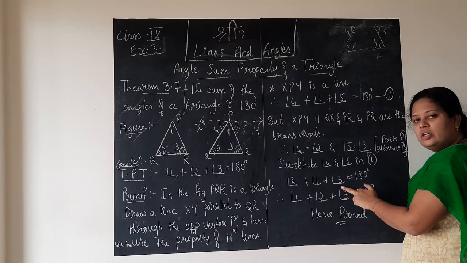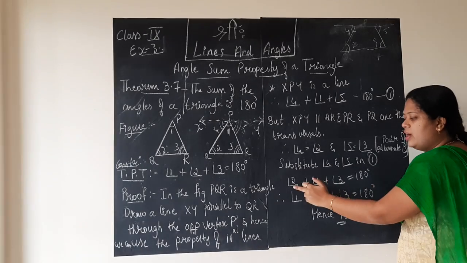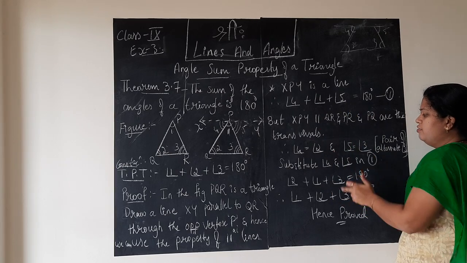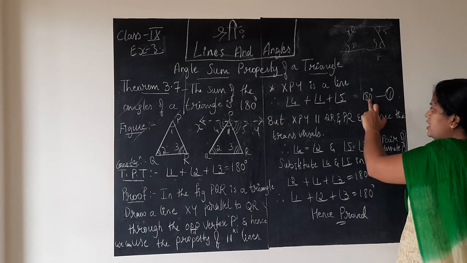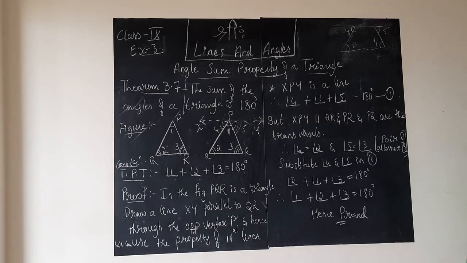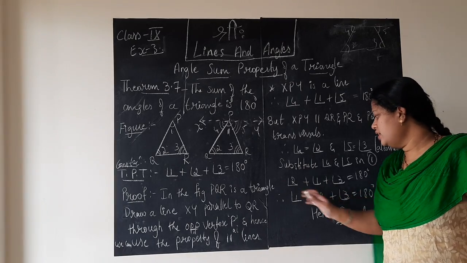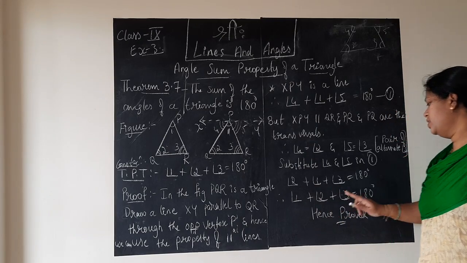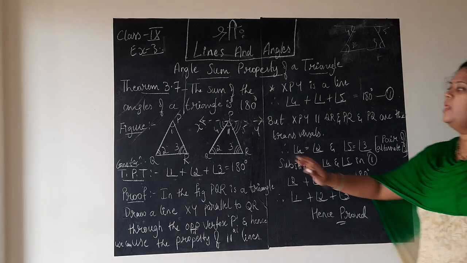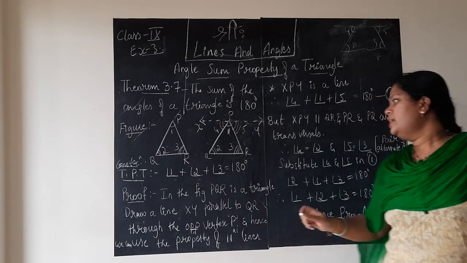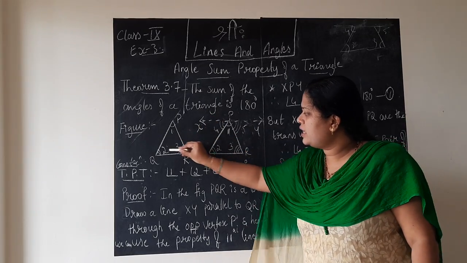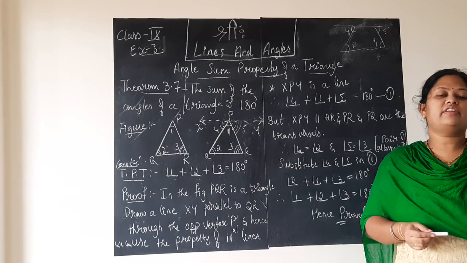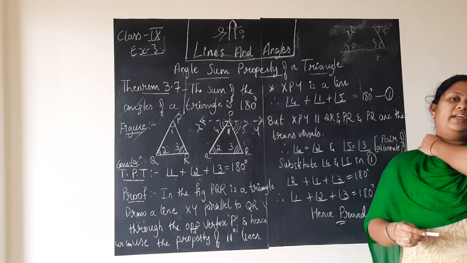Angle 5 is equal to angle 3. So angle 2, angle 1 as it is, angle 3 is equal to 180 degrees. Just rearrange these angles. You get angle 1 plus angle 2 plus angle 3 is 180 degrees, which was the required proof. Hence, we proved that angle 1 plus angle 2 plus angle 3 is 180 degrees, means the sum of all the angles of a triangle is equal to 180 degrees.